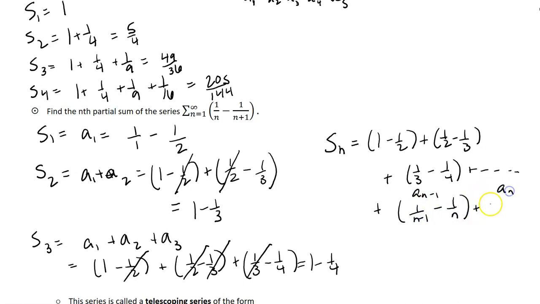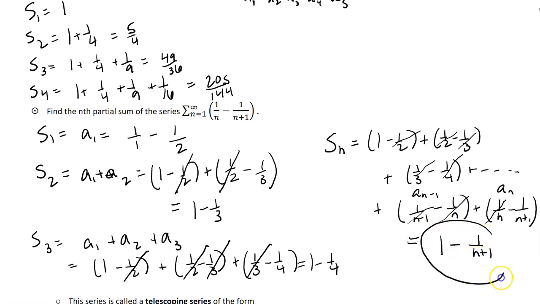And then a sub n would be 1 over n minus 1 over n plus 1. So this one's going to cancel. This one would have been canceled by the term before it, and it turns out everything cancels except for 1 minus 1 over n plus 1. So that would be the nth partial sum of this particular series.